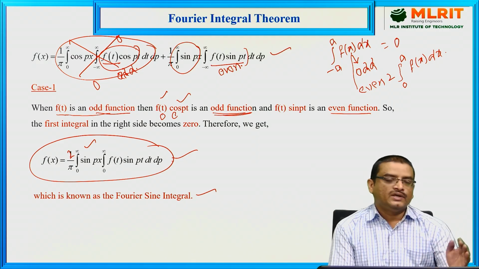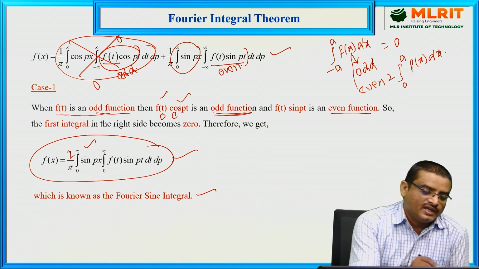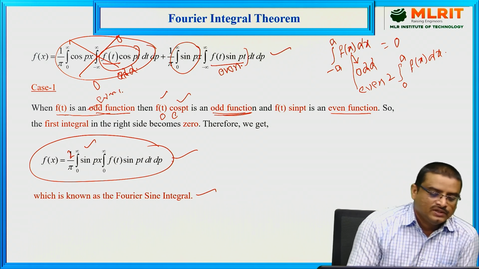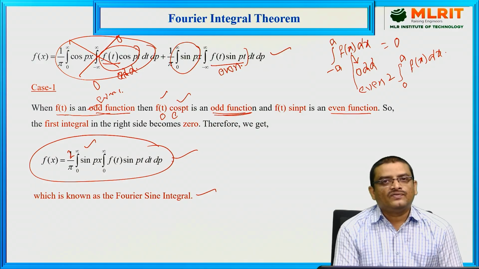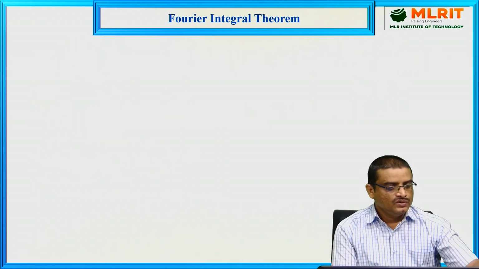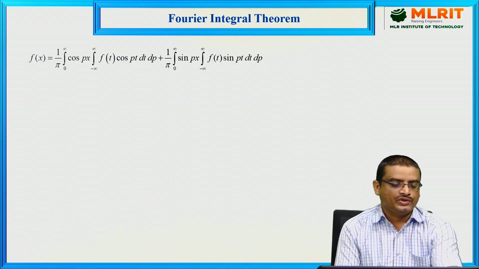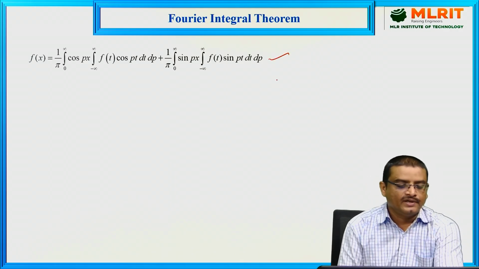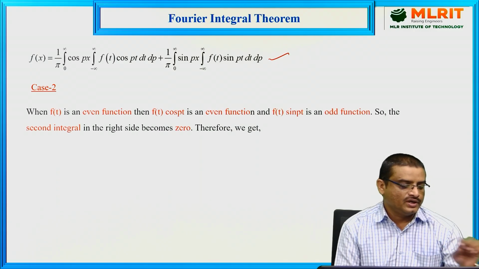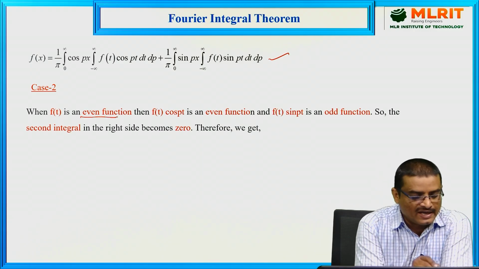Now in case 2, instead of taking f of t as an odd function, you consider this as an even function. Then we will get another integral formula that we can call a Fourier cosine integral. So now we will go for this case 2 here. So this is the resultant integral we got. Now case 2, you consider f of t as an even function.